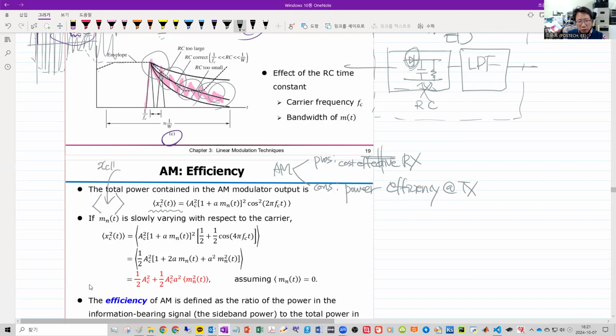Time function is the AM signal squared. Okay? So what is that? Some signal squared time averaged. This is what? This is average power, the time averaged power. So average power of the AM signal.